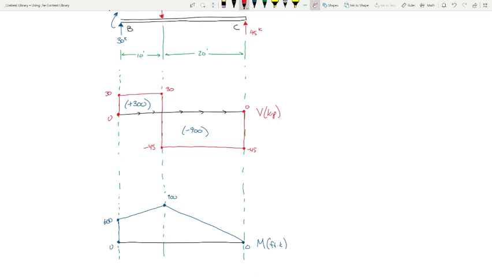And then again, we can look at the shear diagram and see, okay, this has a slope of positive 30, and this has a slope of negative 45, and the figure bears that out, right? Because you can see this line is steeper and it's negative. This is a much gentler slope and it's positive. Make sense? Any questions?